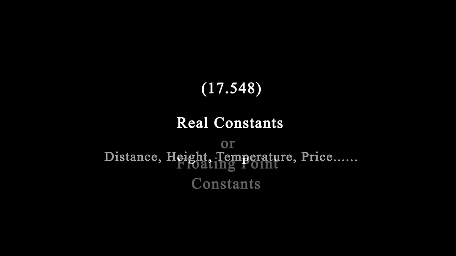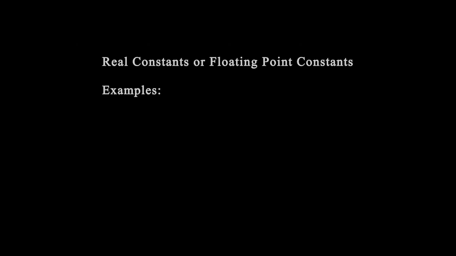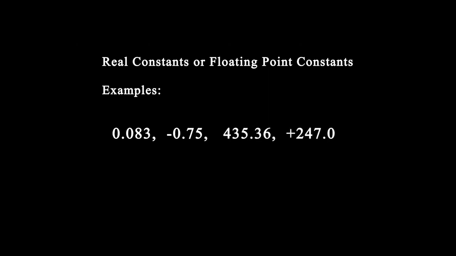Such numbers are called real or floating point constants. Let's see some examples: 0.0083, -0.75, 435.36, or +247.0. So these are all real constants.